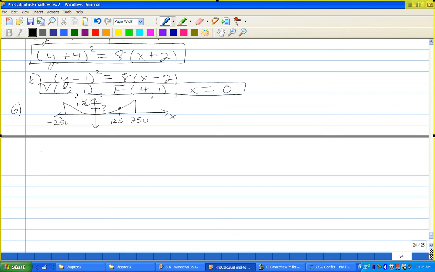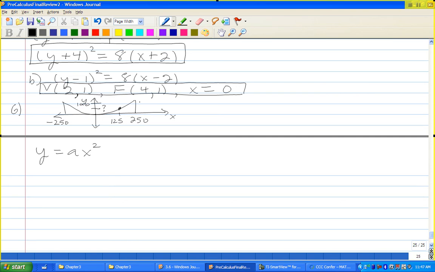Okay, so I know that y equals ax squared is the equation, because it says here, the cables of a suspension bridge are in the shape of a parabola, as shown in the figure. The towers supporting the cable are 500 feet apart, so that's why they're at 250 and 250.